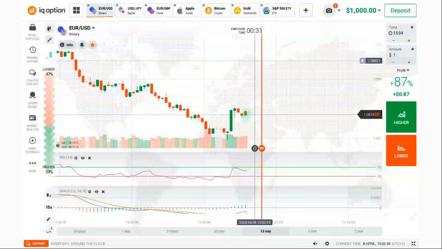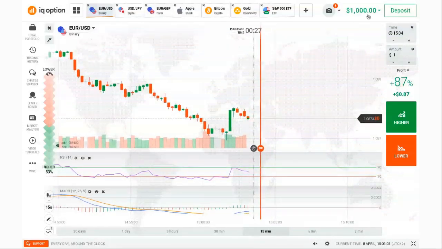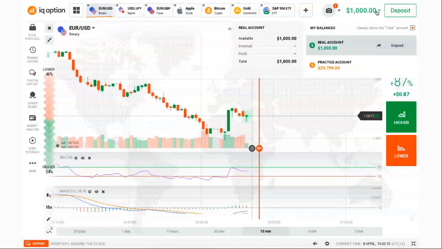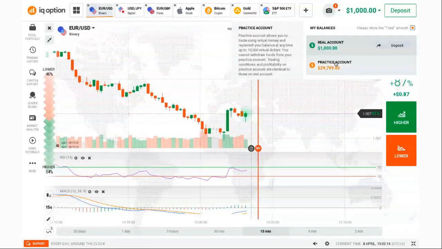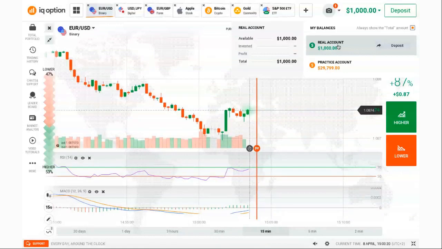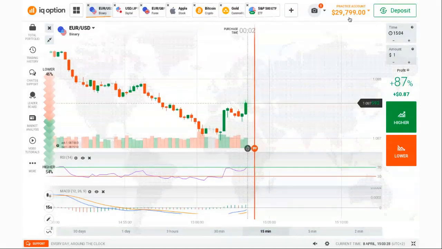You can see here in the top right-hand corner, we have this green balance. Now, the green balance represents the real account. Okay. If I click, you'll see I have options available to me, my practice account and my real account. Now, if I want to switch accounts, it's simple. I just click on the practice account, it confirms, I close that tab, and now we can see an orange balance.